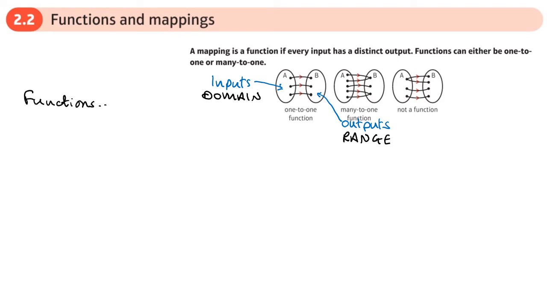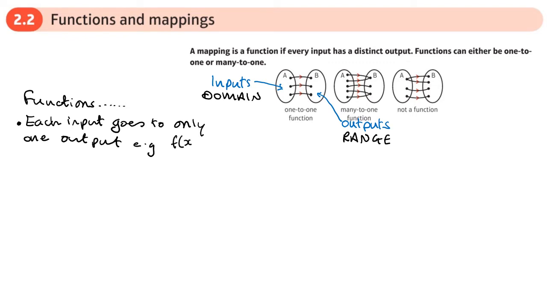So we can get some functions where the first one is each input goes to only one output. An example of that might be the function 3x plus 2.